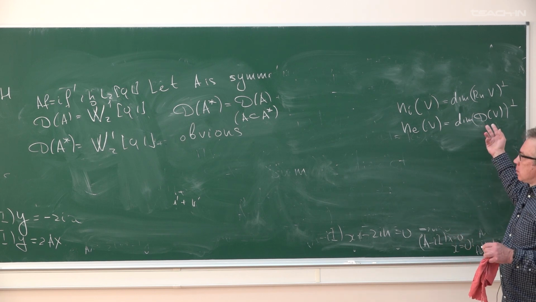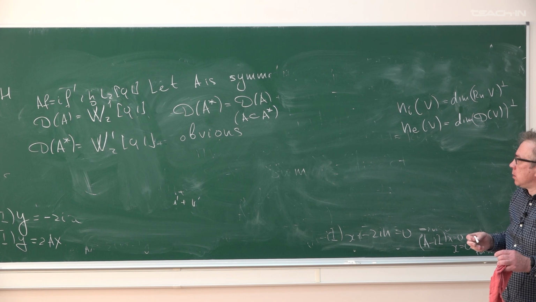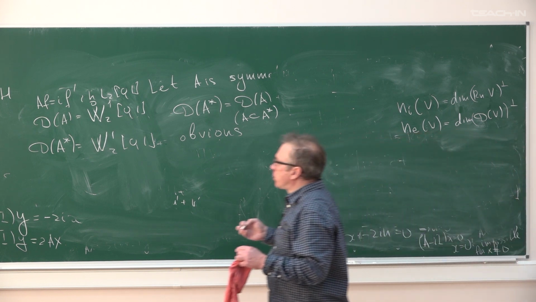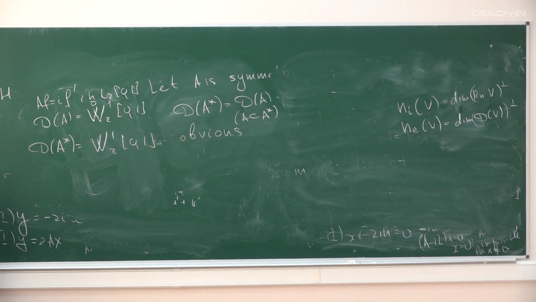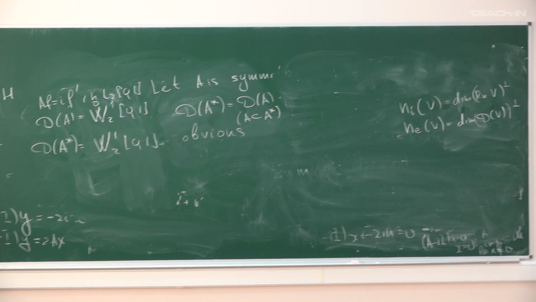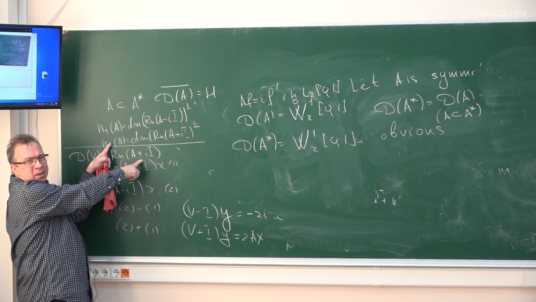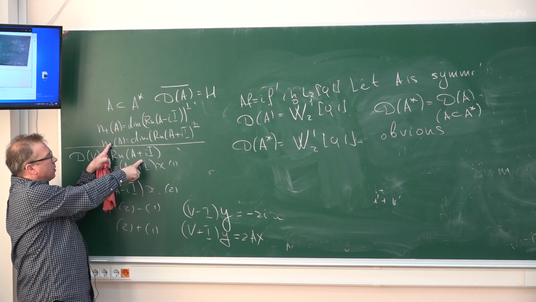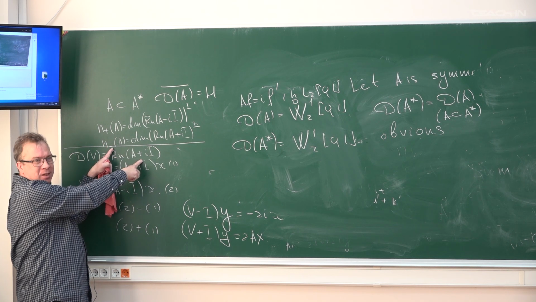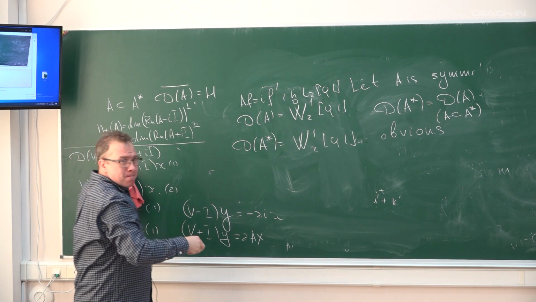And one number coincides. Look here. We have this. The domain of V is the range of this operator. This is n minus. Yes?